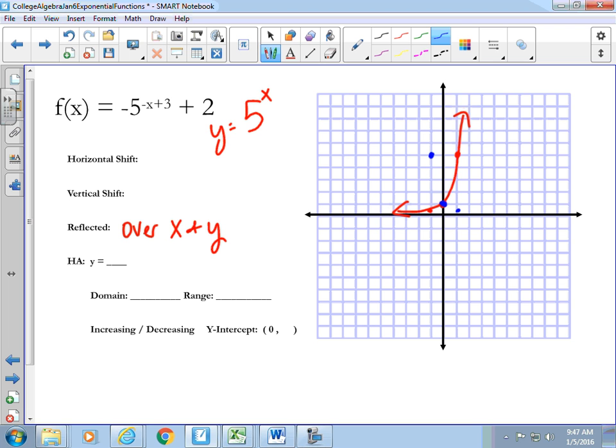So that's reflection over x. It doesn't matter what order you do it in, you can do it in either order. And then if I reflect over y, sorry, I said that backwards. This is over y, and I'm going to go over x. So the green graph is the graph after the reflections.